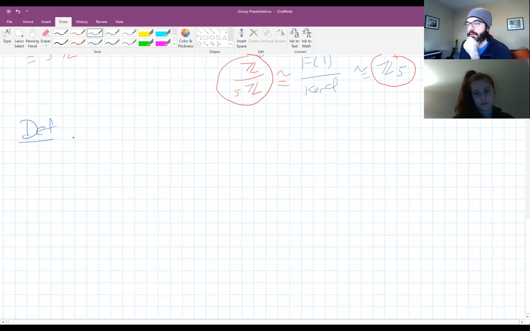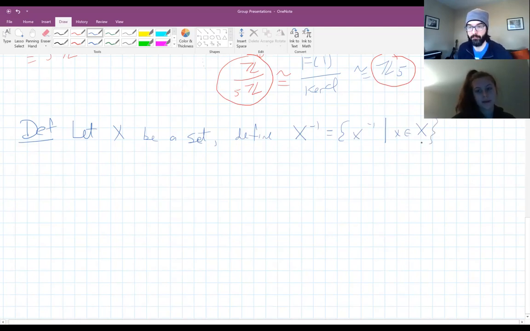Well, let X be a set, and I'm going to define X inverse to be the set of all symbols. I'm not actually taking the inverse of anything. It's just a formal symbol.